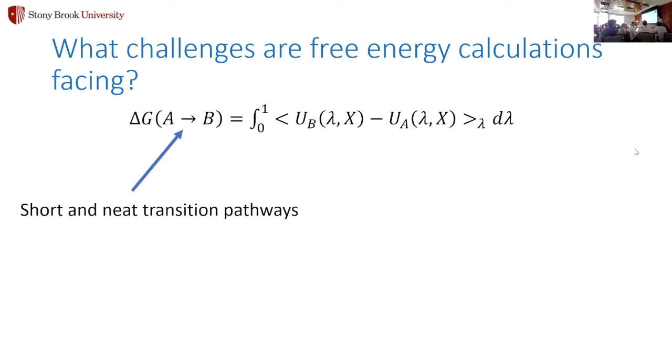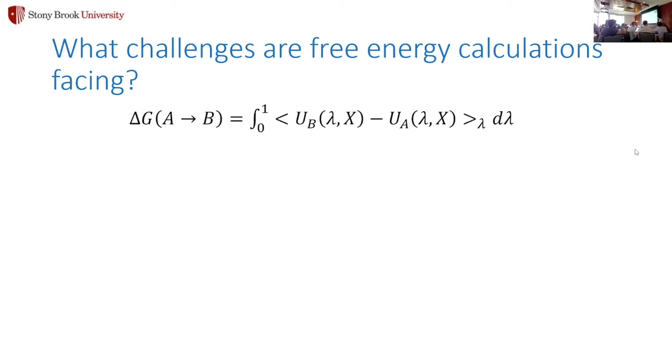So a pathway that's short and neat and maximizes the phase space overlap. So this is usually done by trial and error. There's a rule of thumb, but there's no gold standard people stick with. It will differ from person to person when they design these transition pathways.